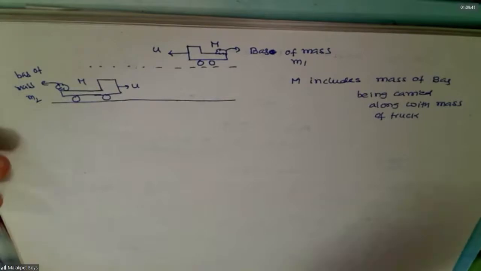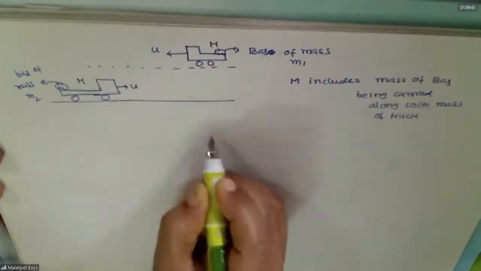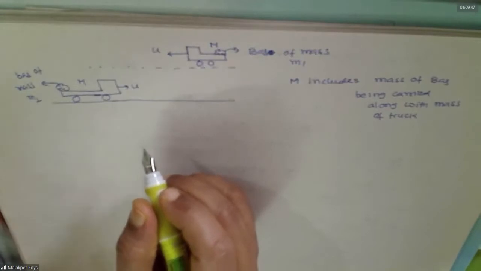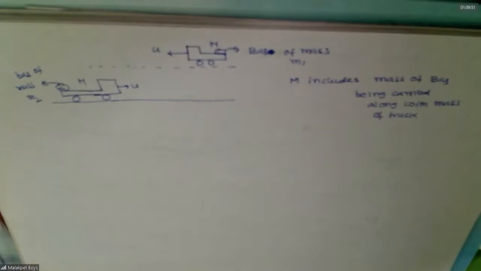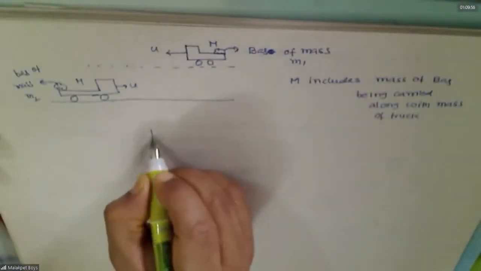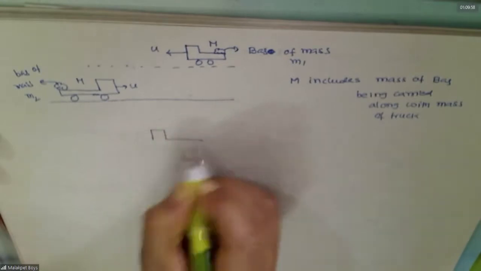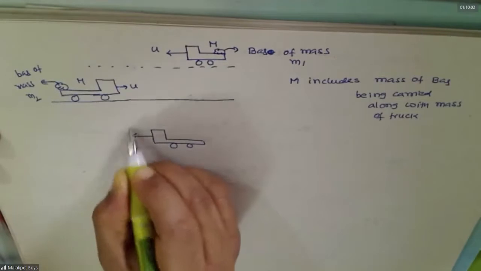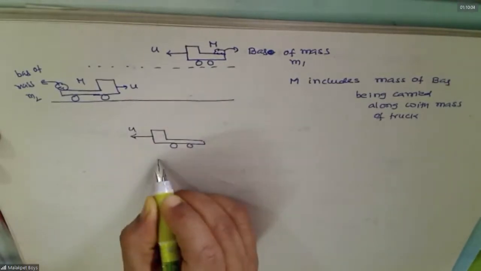See, here in the vertical direction, when they are exchanging this, follow carefully, the bags are being exchanged. That means they are throwing the bags like this when the trucks approach nearer or side by side, or when they are crossing each other.